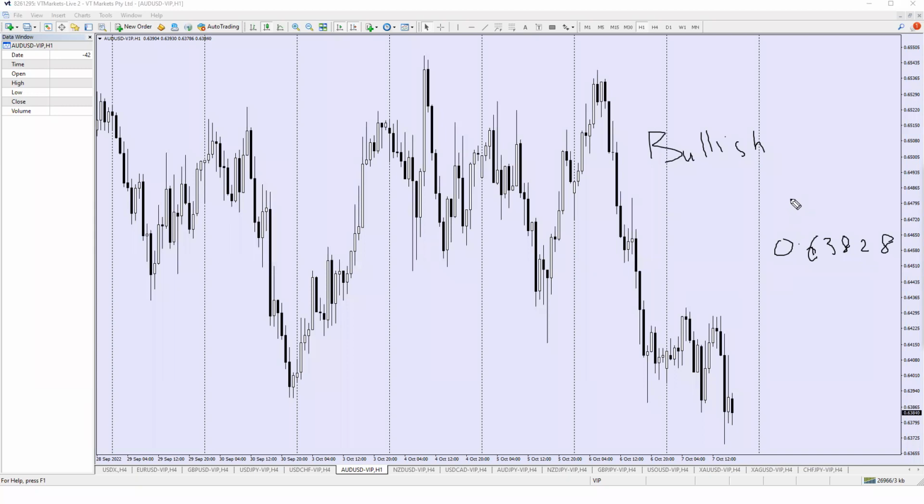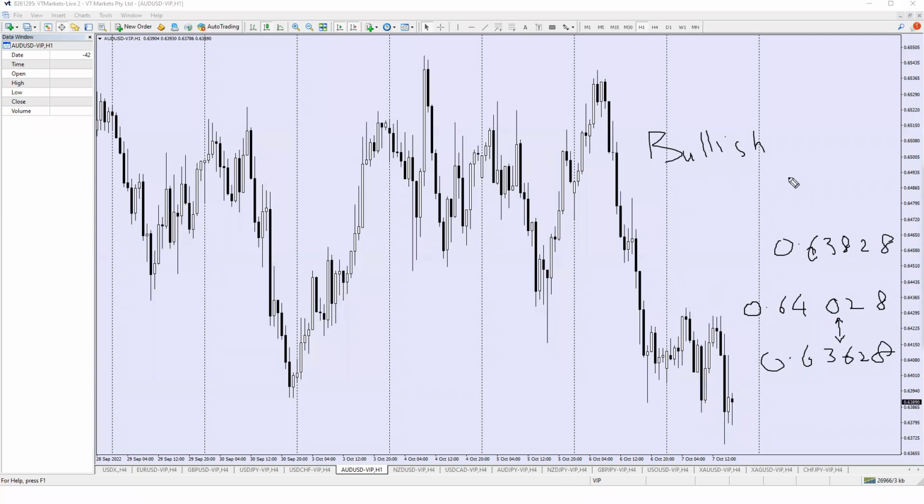In other words, the moment price gives you a bullish pattern anywhere within 20 pips, from 0.64028 to 0.63628, inside here, if there is a bullish engulfing, morning star trigger, you can go for it.